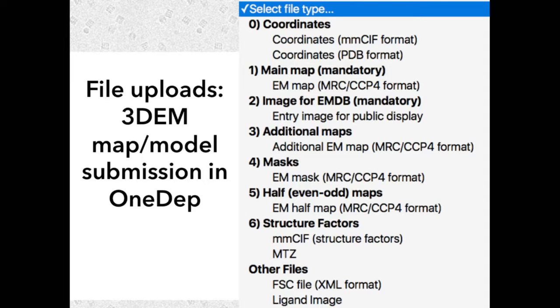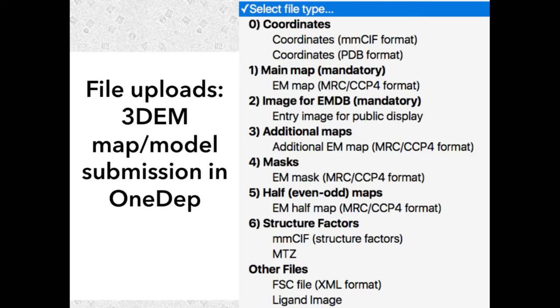There's a whole process developed for ligands, which maybe wasn't so interesting for EM people 5 years ago, but should be more interesting now because you can probably see ligands in your maps. If you have something that's unusual, you can provide an image for it, and that will help them to identify whether it's something that's been seen before, in which case it will be assigned a ligand ID code that will allow you during search to find all entries that have that same ligand, which is pretty awesome actually.